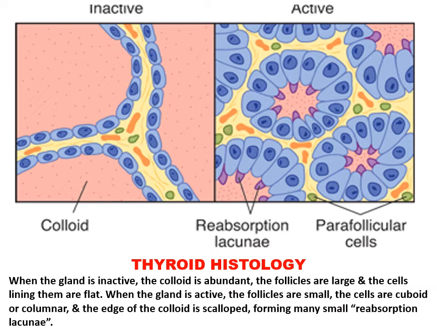So this is the histological picture of thyroid. Thyroid gland is composed of multiple follicles or acini.